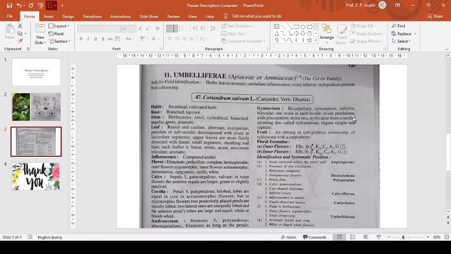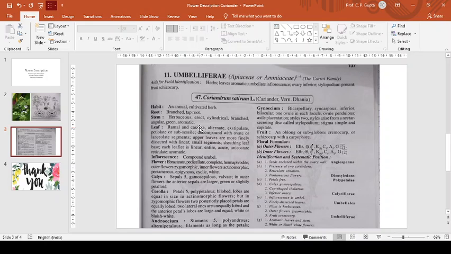In reduction of calyx and bicarpellary syncarpous ovary with two separate styles, Umbelliferae resembles Asteraceae. Hutchinson opined that Umbelliferae is derived from Saxifragales. However, Conquest believed that Umbelliferae originated from Sapindales. So there are various opinions regarding the affinity of the Umbelliferae.